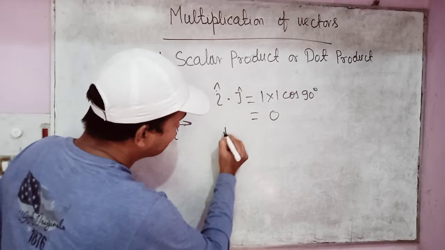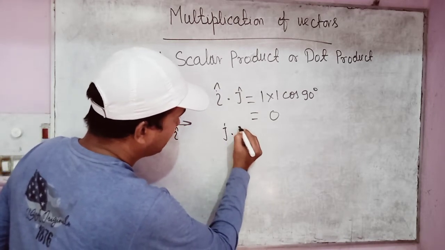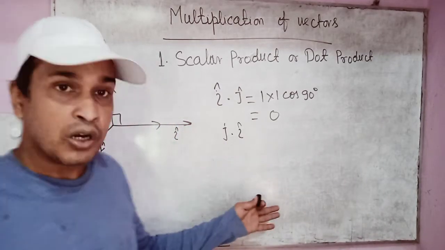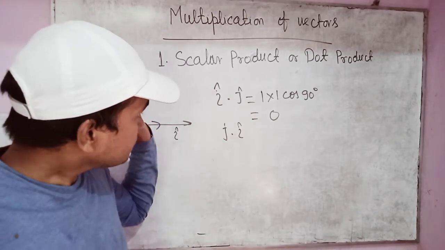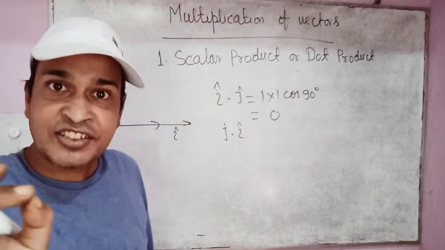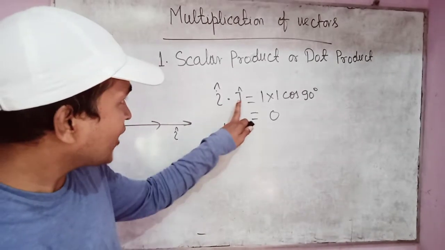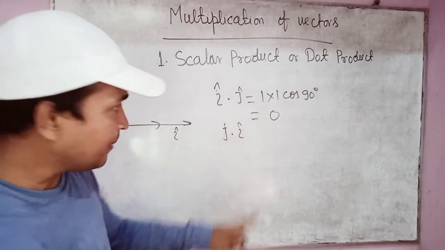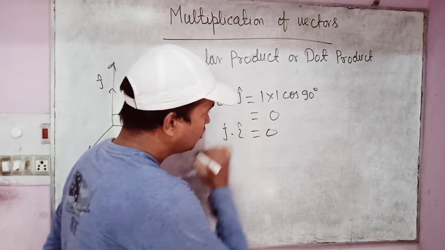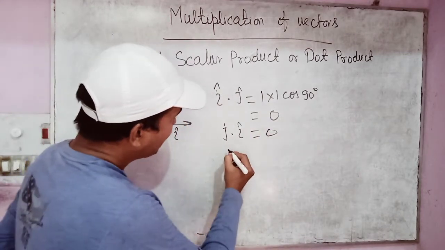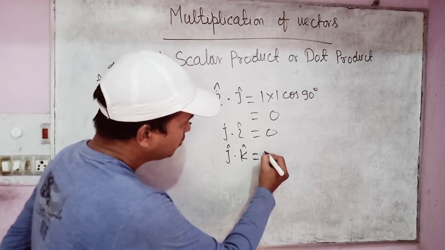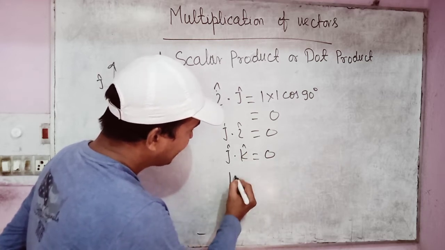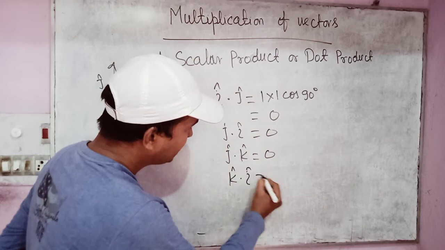And similarly, what is j cap dot i cap? As we learnt, the dot product of two vectors is commutative, so i cap dot j cap is equal to j cap dot i cap, which is equal to 0. Similarly, j cap dot k cap is equal to 0, and k cap dot i cap is equal to 0.